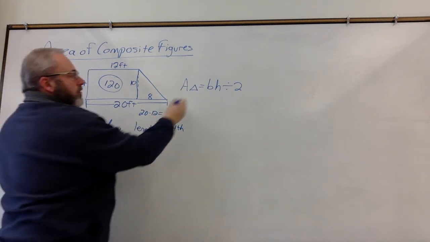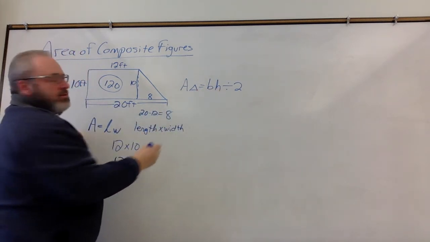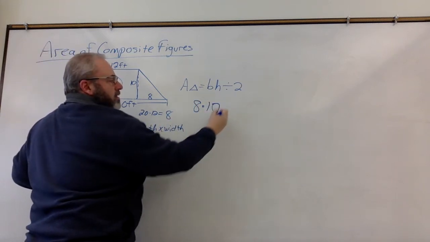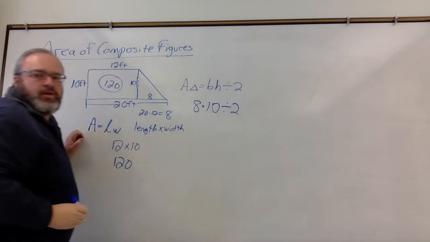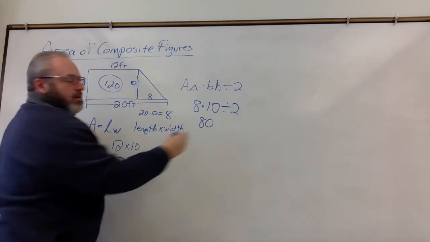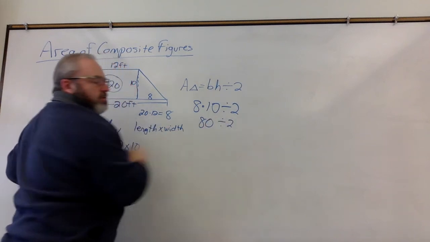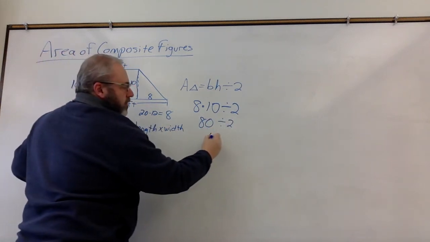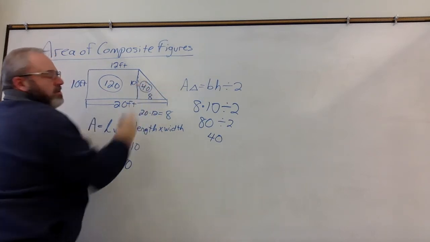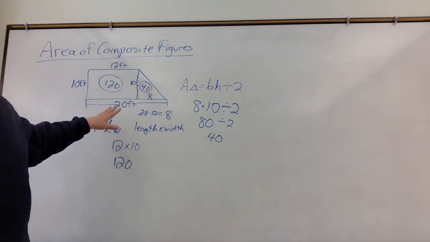Okay? So if we use base times height divided by 2, we would have 8 times 10 divided by 2. 8 times 10 is 80 divided by 2. 80 divided by 2 is 40. So this section of our composite figure is 40.